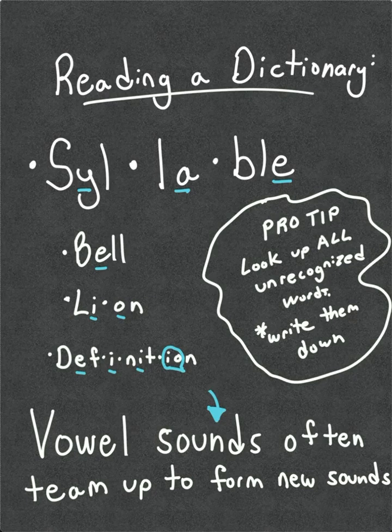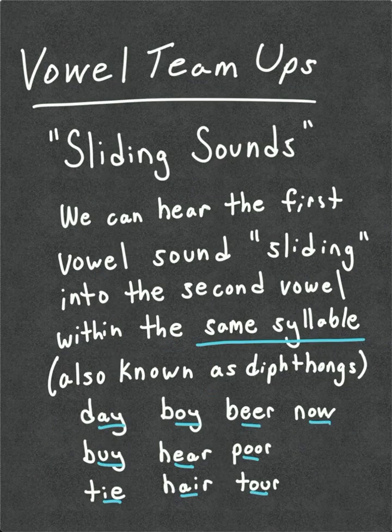And so in addition to short and long vowels, also be aware of vowel team-ups. There's different types of vowel team-ups. My favorite is the diphthong, which essentially means two tones. It's also known as a sliding sound. This is really interesting. You get the two vowels together.